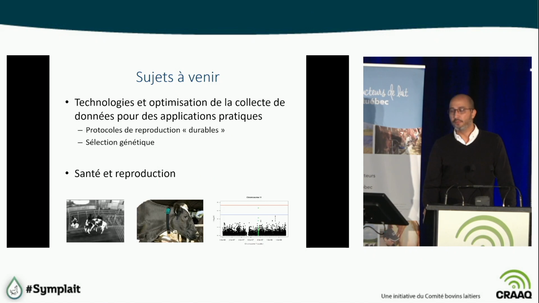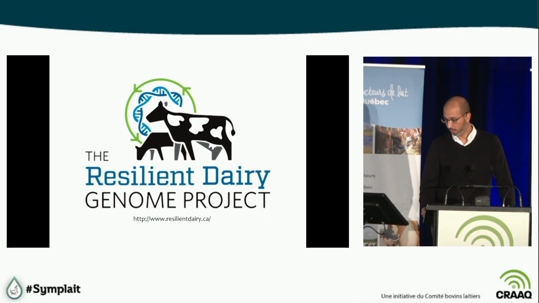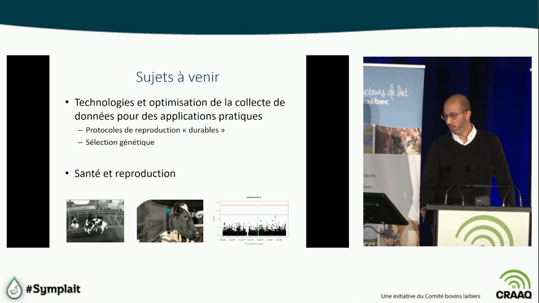So some future topics, and this is something more to present: what we're trying to do with some of this data is obviously what we call sustainable reproductive programs and genetic selection. I am now also working more and more with the health portion of these sensors. And on the health portion, I think there is a little bit more to be researched, especially on the detection or prediction of diseases, as some of these sensors claim to do.